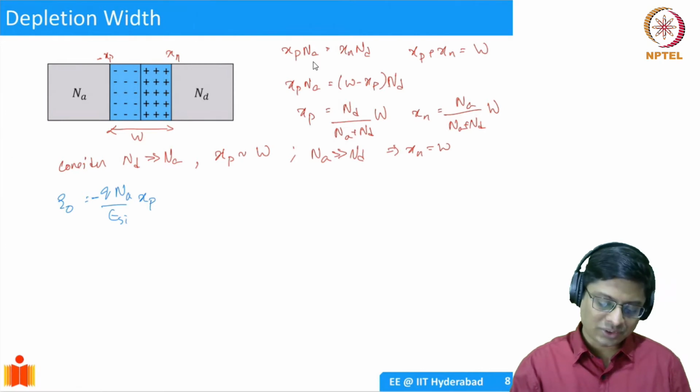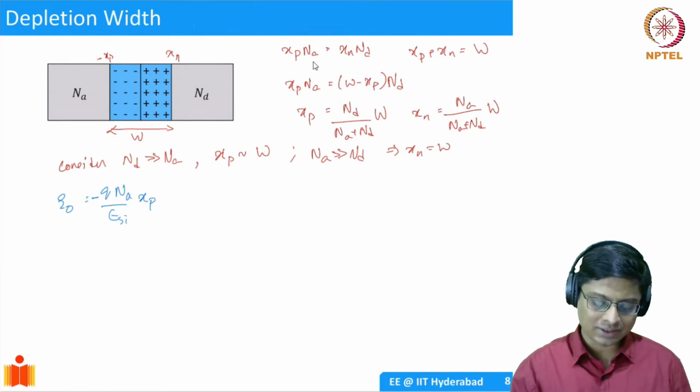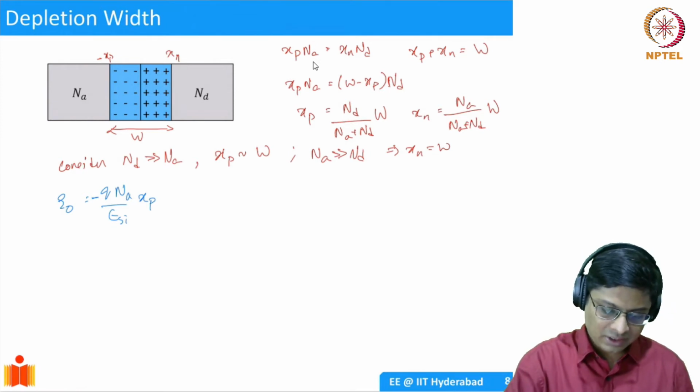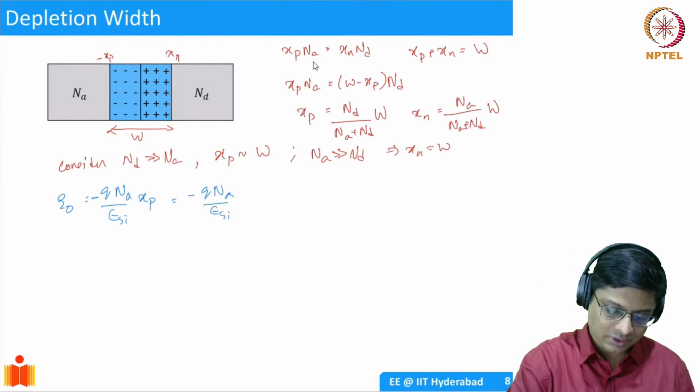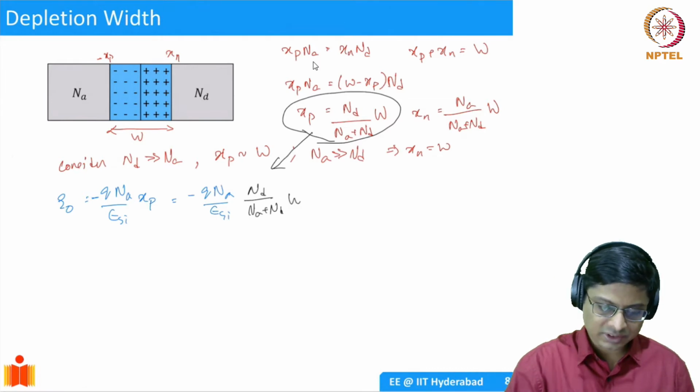Remember, always xp times Na is going to be xn times Nd. Since I wrote Na, I'll write it as xp. So this is going to be minus Q Na by epsilon silicon times, I'll substitute this expression for xp, Nd by (Na plus Nd) times the width.